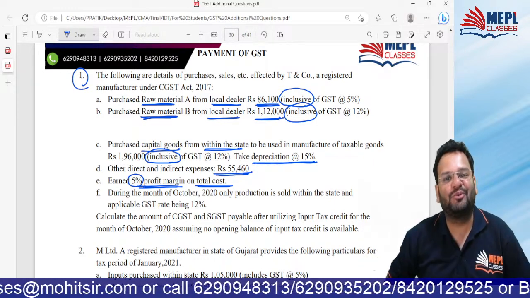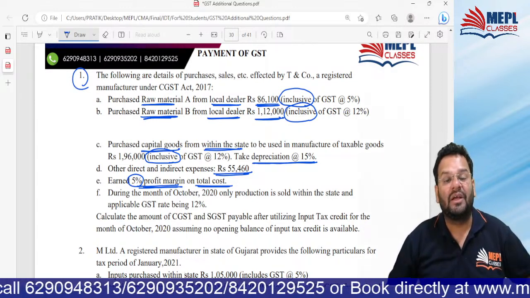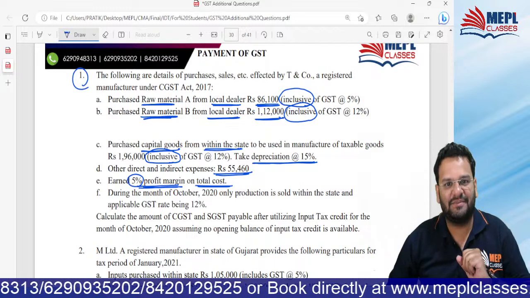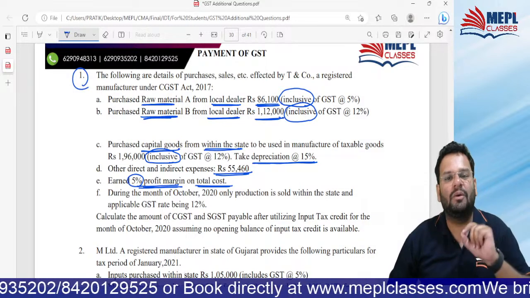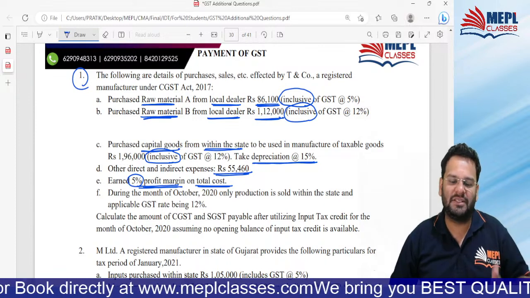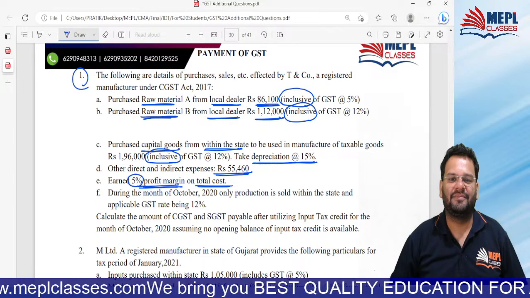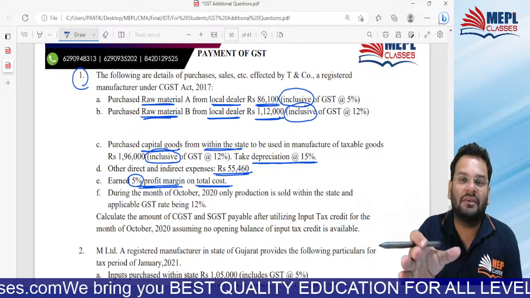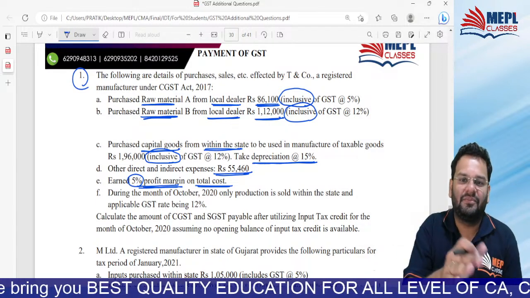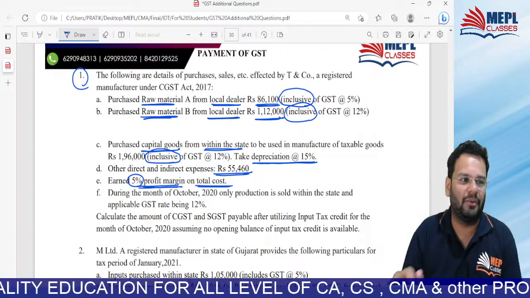So what will you have to do? You will have to compute the selling price. How will you compute it? All the costs plus profit will give you the selling price. On this selling price, you will get output tax. Did you get the point?